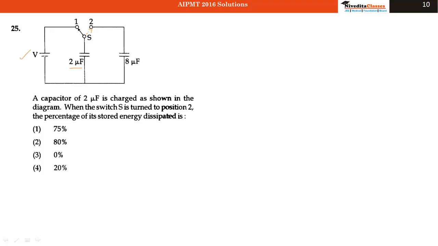So let's first find the value of the energy when the switch is in condition 1. The total energy will be stored in our 2 microfarad capacitor, and the value will be equal to half CV square. So the initial energy is equal to half, C is 2 micro, V square, so it is equal to V square multiplied by 10 raised to power minus 6.